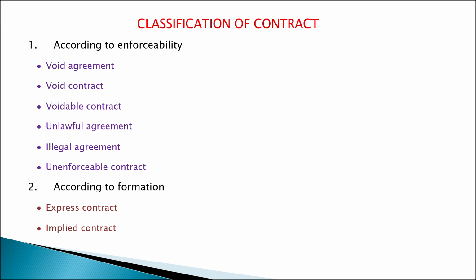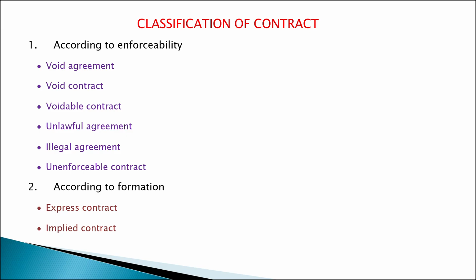For example, X offers to sell his house to Y for rupees 15 lakhs. Here Y accepts X's offer and they both sign the sale agreement prepared on a stamp paper of the appropriate value and duly signed with the witness. So this results in a contract between X and Y. So we only have to express it, whether by words, spoken or written form.